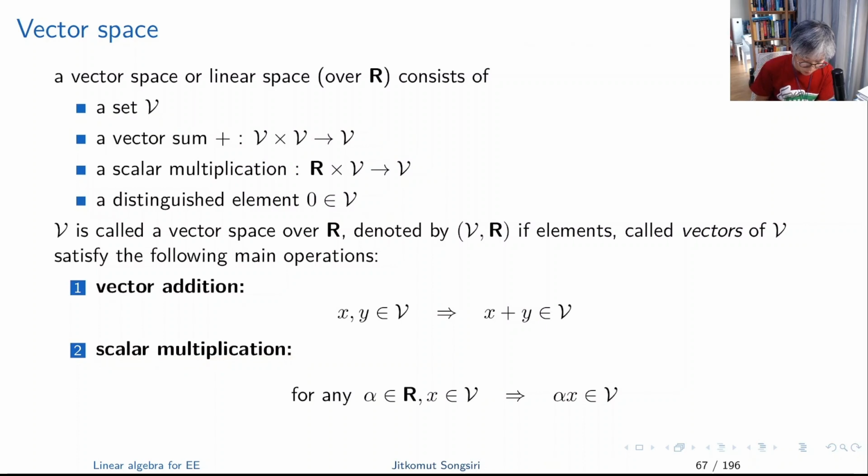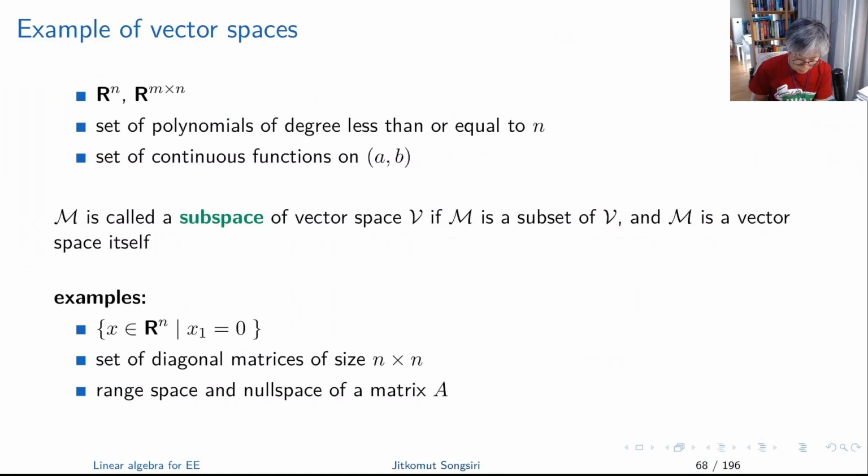So in order for that, of course, you're going to need a concept of a sum between two vectors in the vector space and a concept of scalar multiplication that is defined on a field. And now you can talk about a field of real numbers. Okay, so this is a property of a vector space.